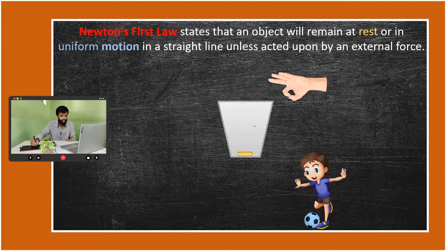So right now, let us not talk about this uniform motion part of it. We'll just overlook that it is there, and we'll just say Newton's first law states that an object will remain in the state of rest, okay, unless acted on by an external force.